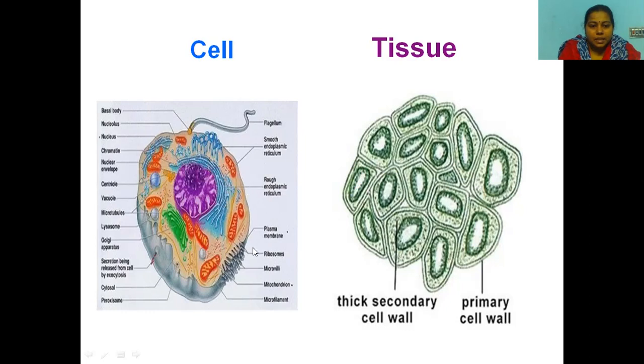See, this is a cell. It has so many internal structures known as cell organelles. Central nucleus is present, and ER, endoplasmic reticulum, mitochondria, Golgi apparatus, lysosomes, chloroplast. All these are the different types of organelles that we have in our cells.